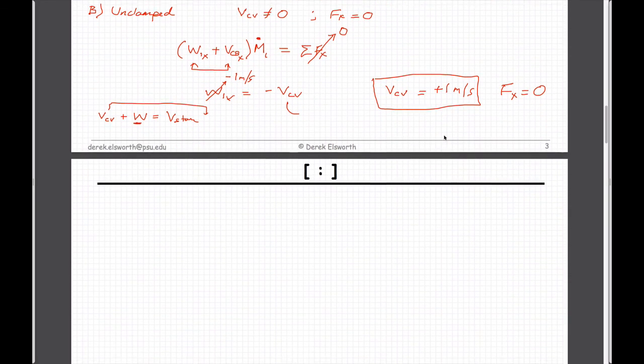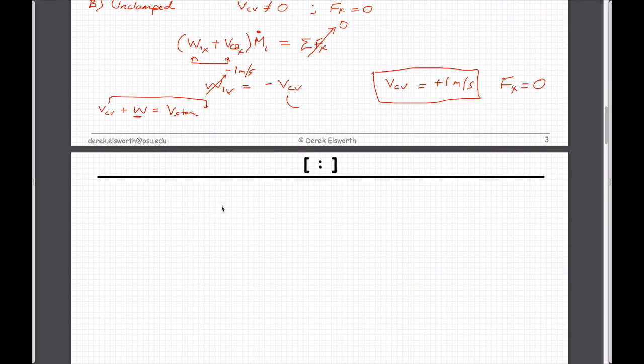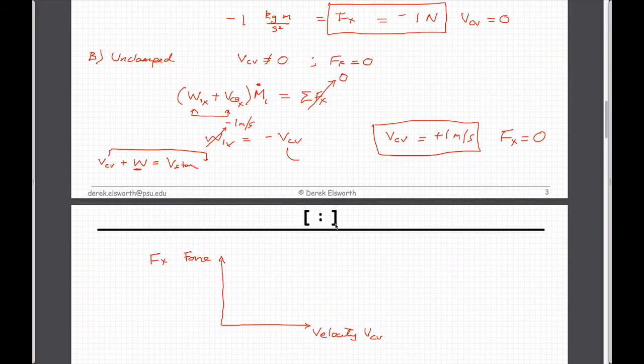That makes sense. And the reason I mention that is that you could imagine making a diagram that looks like this, where you put on one axis the force, F sub x, and on the other axis the velocity of the control volume. We have 2 points, 2 cases. We have the case where it's clamped and we can calculate what the force is.